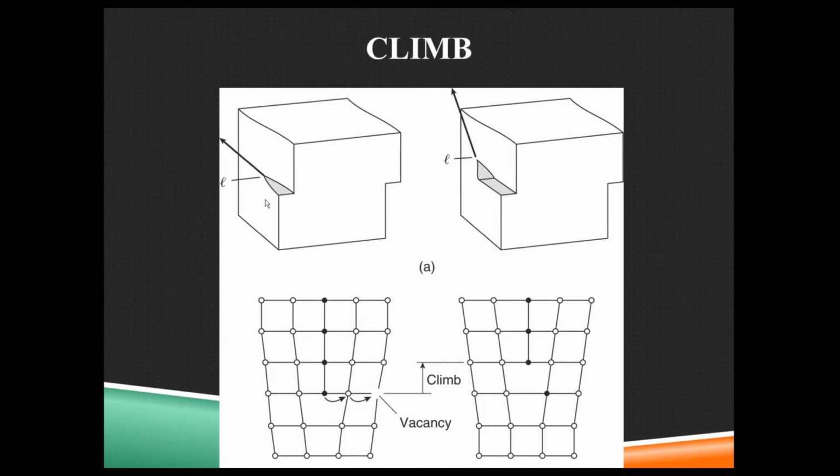It's going to make it climb. So we have this vacancy right next to this line imperfection, so our stressed, imperfect block or cell within our matrix is going to move upward. It's going to climb.